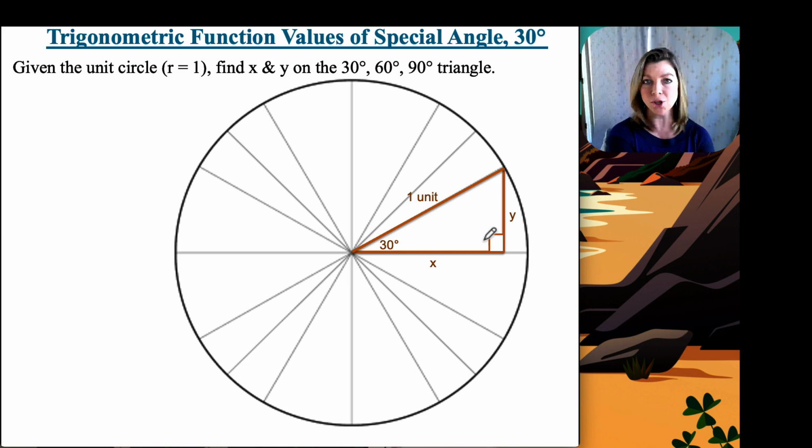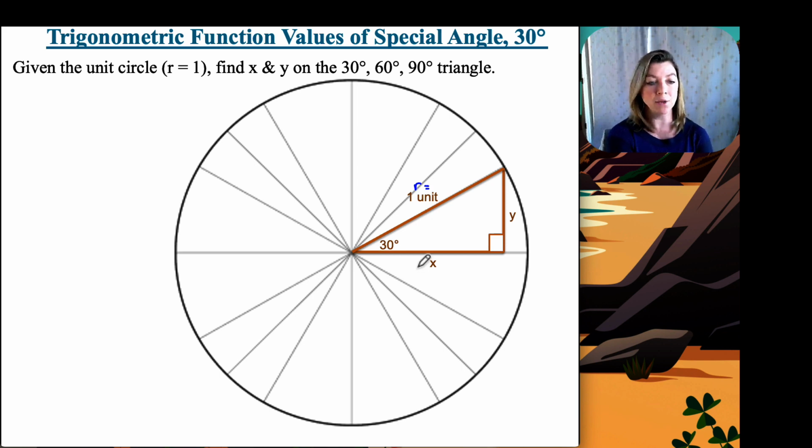There's this relationship between the sides that you may have studied in previous classes like geometry. So here we have a 30, 90, that makes this a 60-degree angle, so a special triangle. This is a unit circle, so we know that the radius of the circle is 1, which turns out to be the hypotenuse of our triangle, or r equals 1.